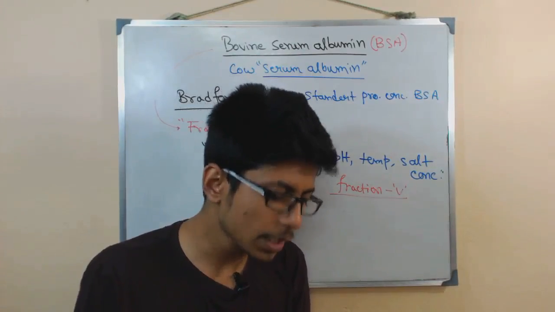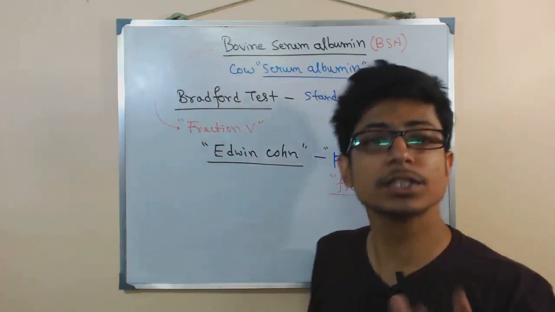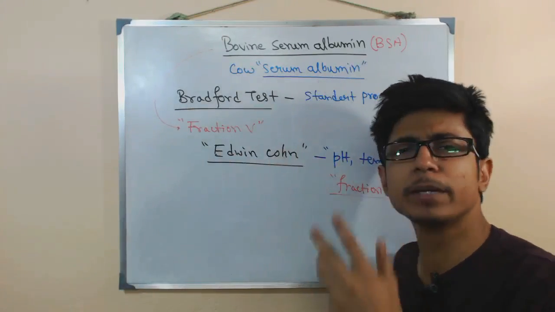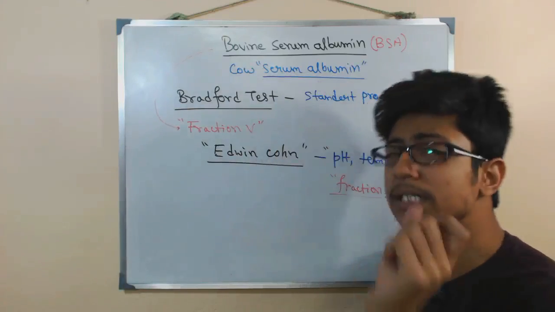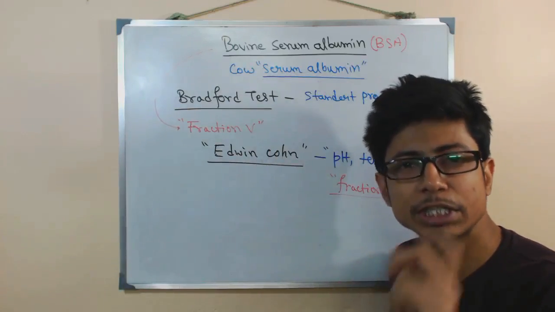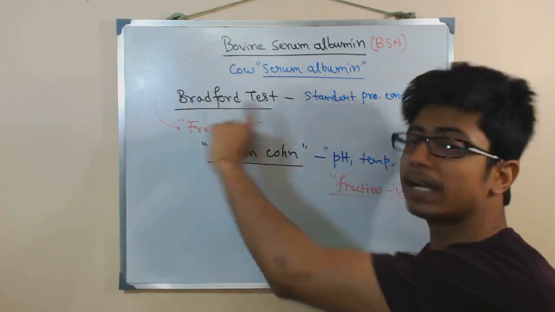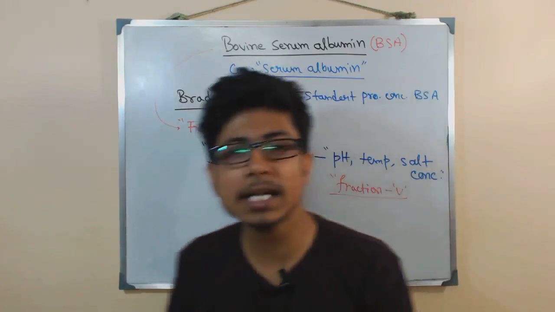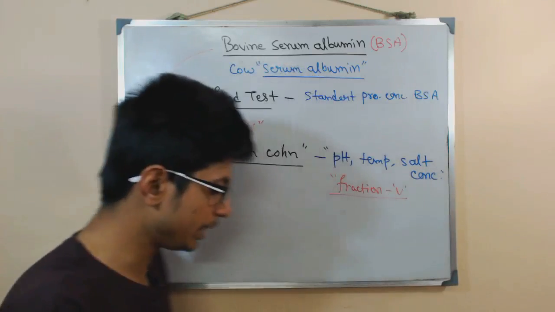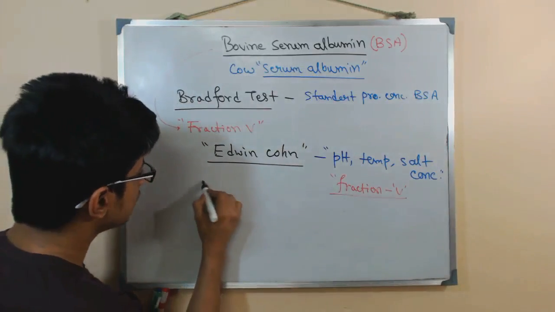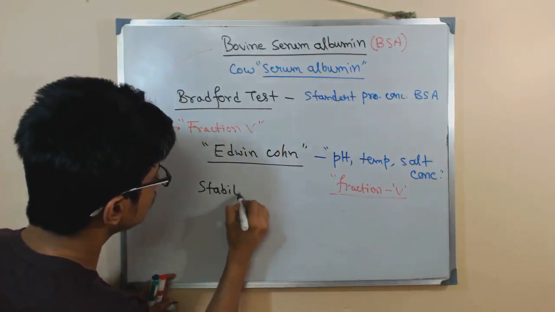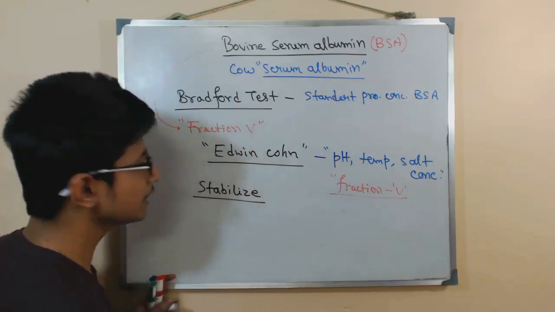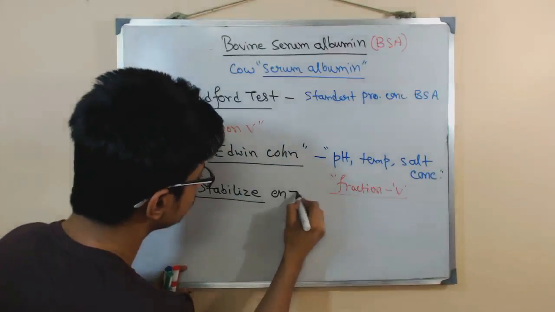Okay. But now let's talk about the functions of this protein. This protein is found to be very effective in lab. One is the quantitative protein concentration assay, known as the Bradford test or Bradford protein concentration assay. Another thing is that bovine serum albumin helps in stabilizing some enzymes.